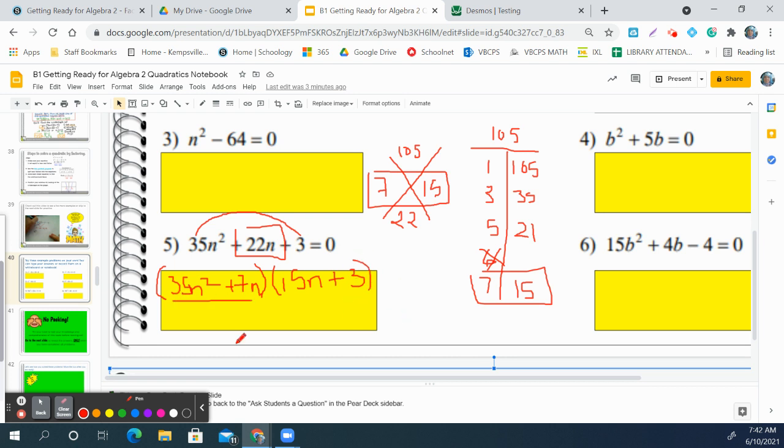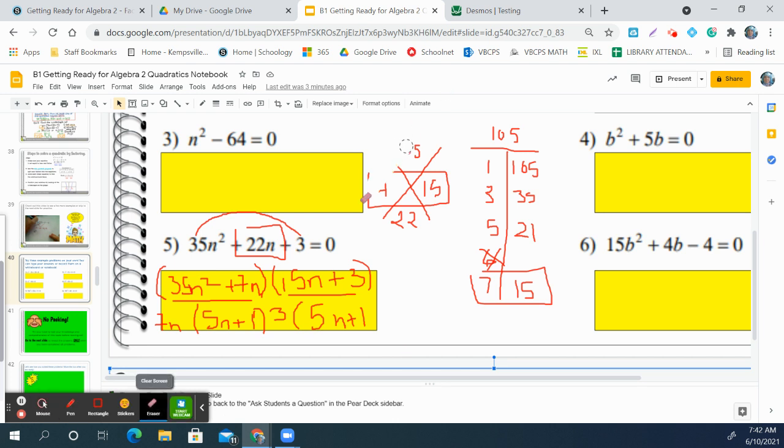What's my greatest common factor in 35n squared? 7n. So if I take out the 7n, what do I end up with? 5n plus 1. Absolutely, bless you. And what can I remove from the 15n plus 3? 3. And what am I left with? 5n plus 1.